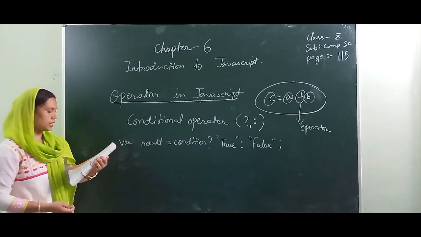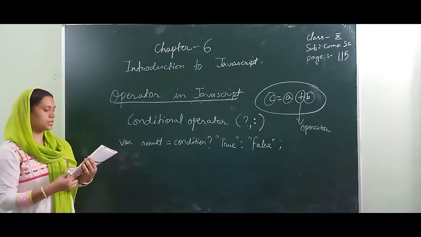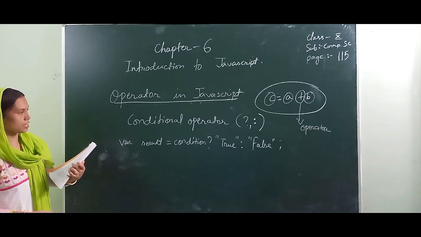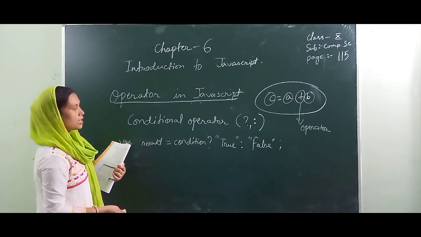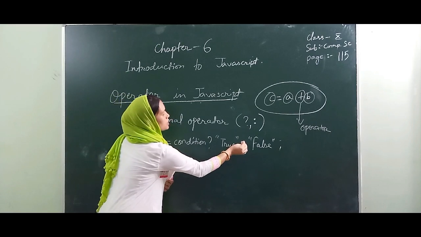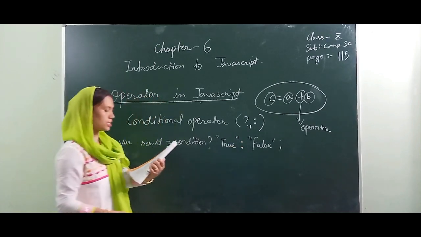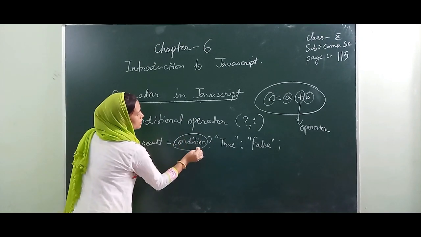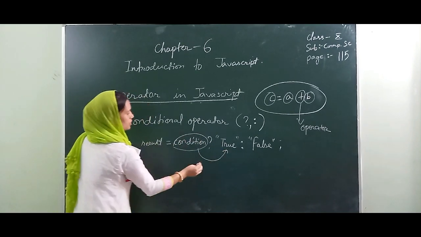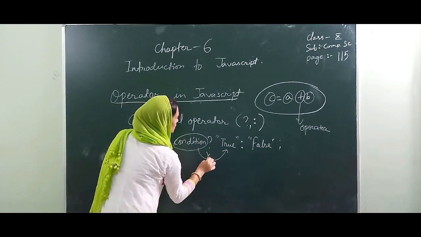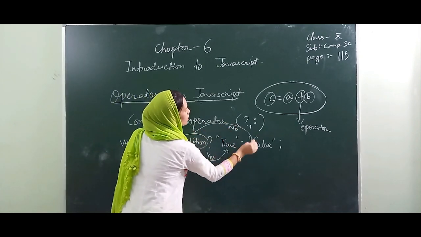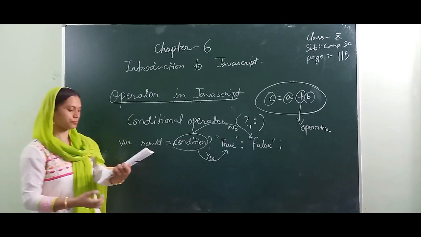That means in the conditional operator, the expression will return the value written after the question mark if the condition is true, and it will return the value after the colon if the condition is false. If this condition is satisfied, you will display this result. That is, if it is yes, it gives the first one, and if it is no, then it will give the last one.